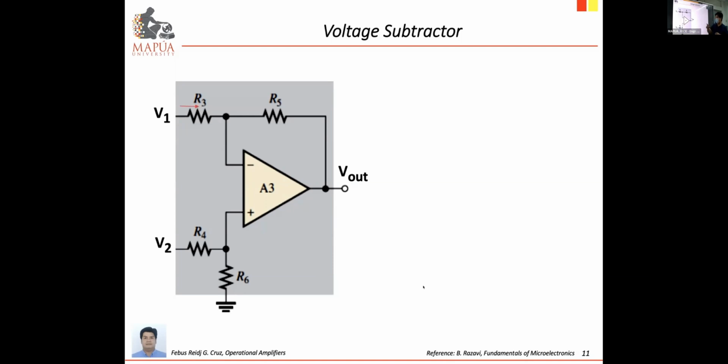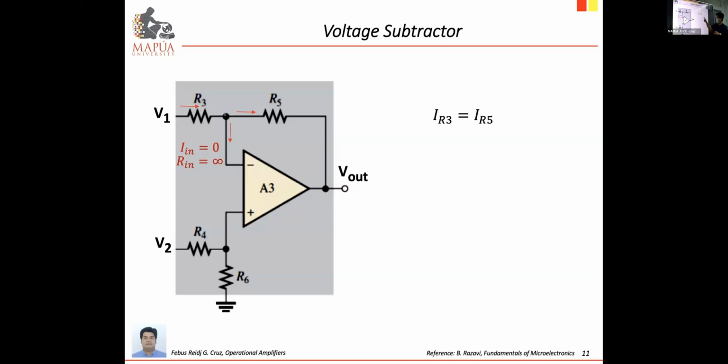So to analyze from V1, you have current along R3, and that current will become a current passing through R5 and a current going into the op-amp. But again, because of very high input resistance, we will assume this current to be 0. So the equation on this node will simply be current along R3 equal to the current along R5.